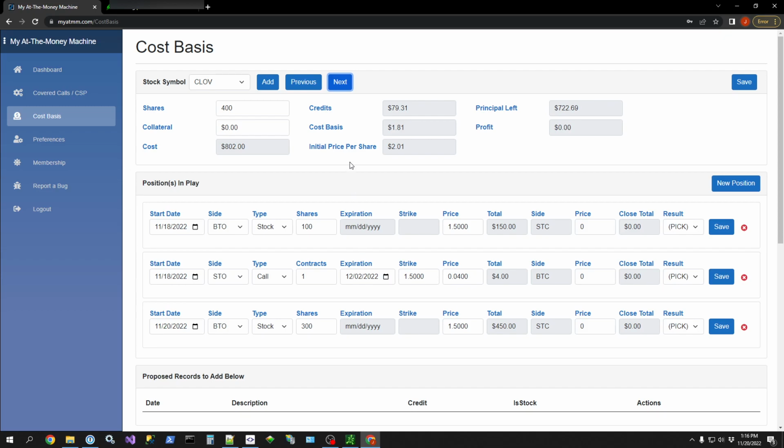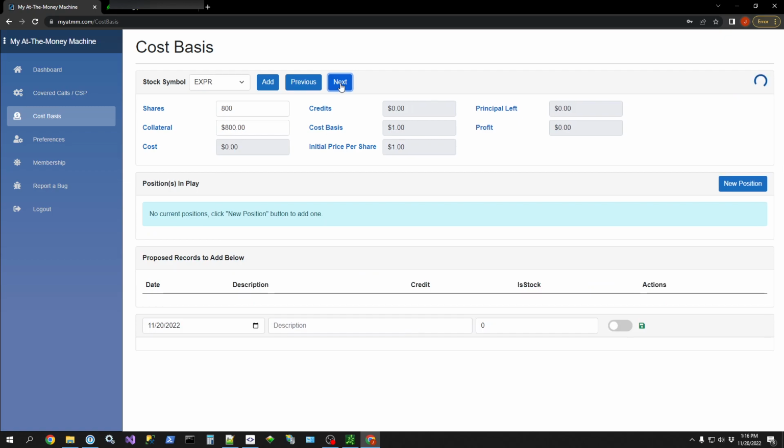I usually place them on Sunday afternoon and then just let them sit in the queue until they execute. Most of the time they execute on Monday. I do have to go back in there sometimes and revise some of them to get them to execute because sometimes the price doesn't hit. So in any case, all right, so this one's cool. Nothing expired here. Nothing there.